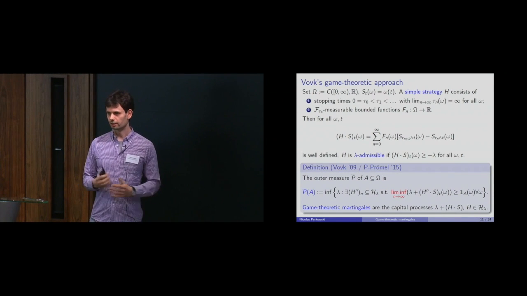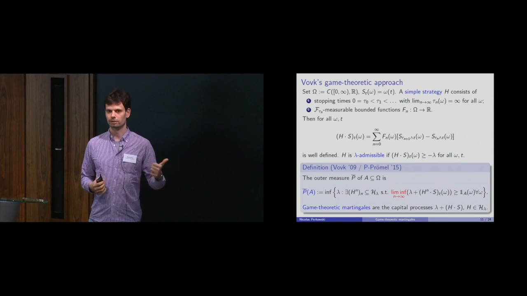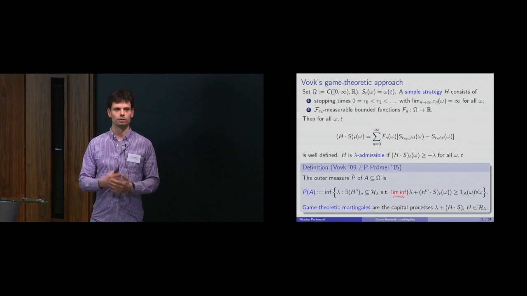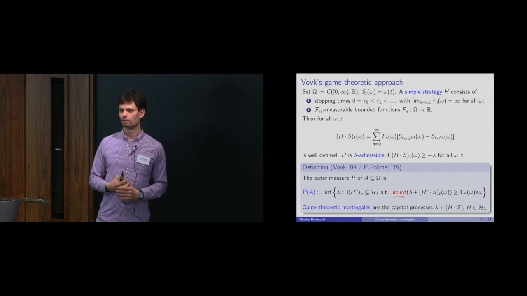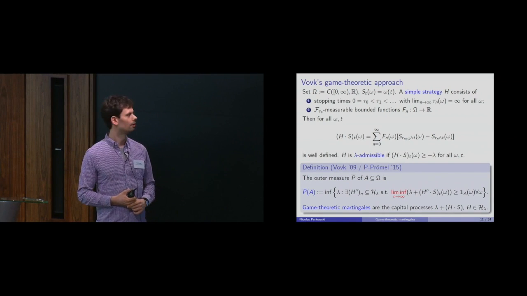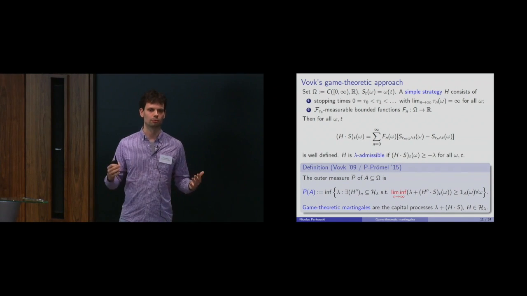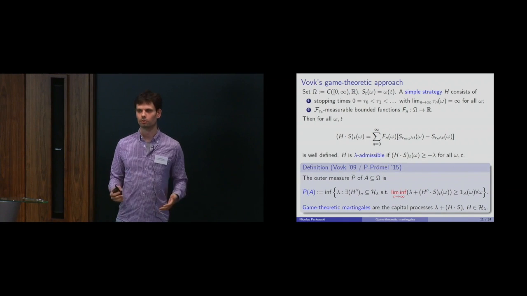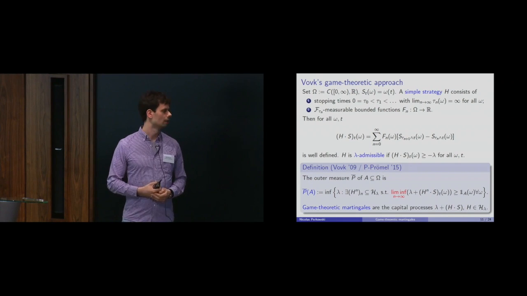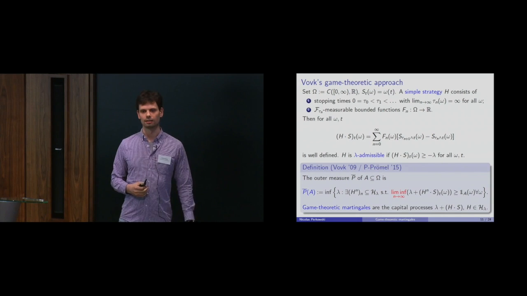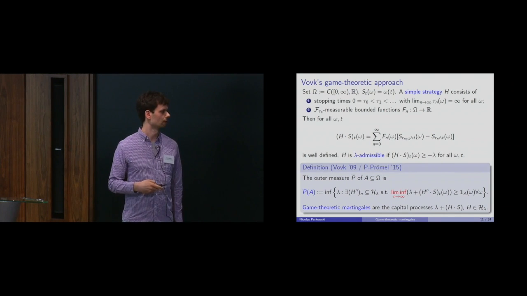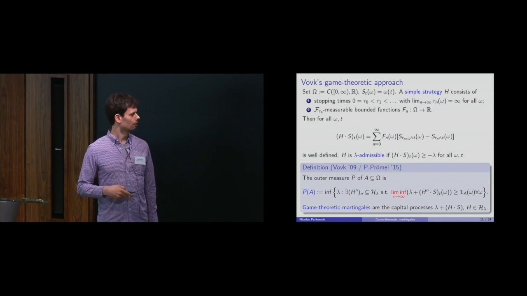This would be the ideal definition. So you just take one simple strategy and you define superhedging in that way. That would be economically perfectly meaningful. Thing is, we cannot do any math with that. So you have to do something more. If you want to derive interesting properties, you have to somehow relax it. And this is where Vovk and we come in and where we do it a bit differently.